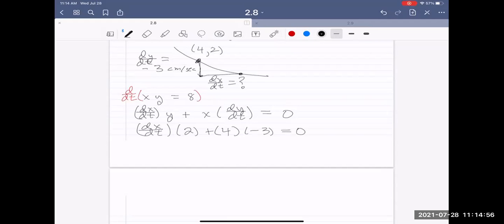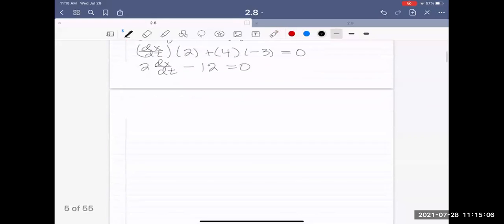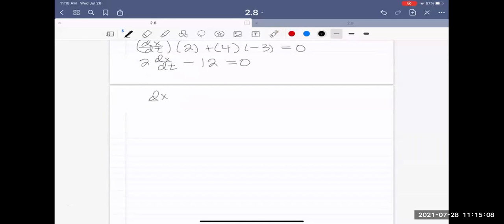Okay. And so I have here that 2 dx dt minus 12 is 0. And so dx dt is equal to 6 centimeters per second.